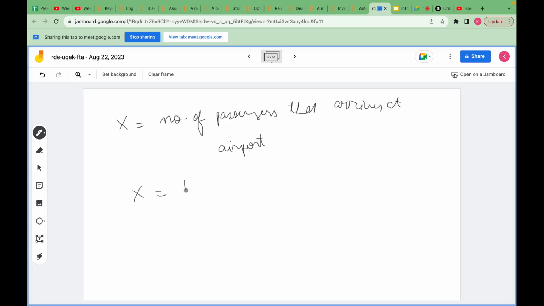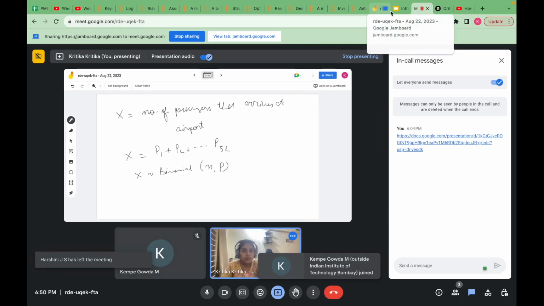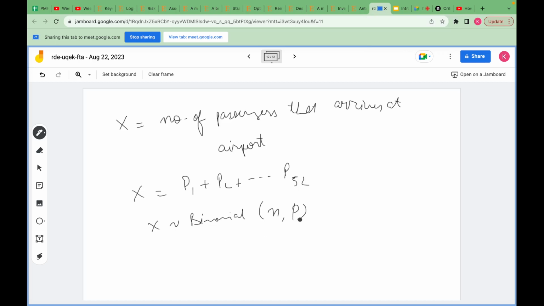This x is nothing but the sum of P1 plus P2 up to P52, and all these are distributed according to Bernoulli distribution. So x is a binomial distribution with parameters n and p. Here p is 0.95, the success rate, and n is the total number of passengers who bought the ticket, which is 52.